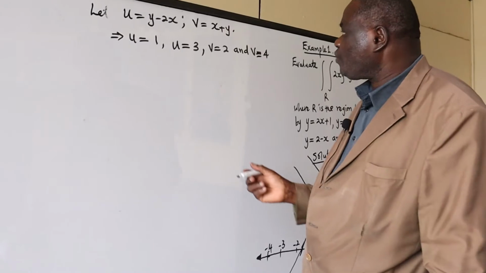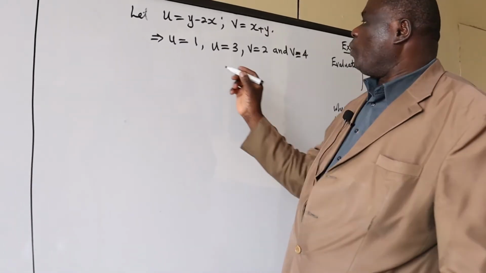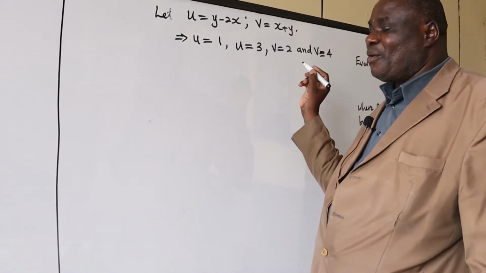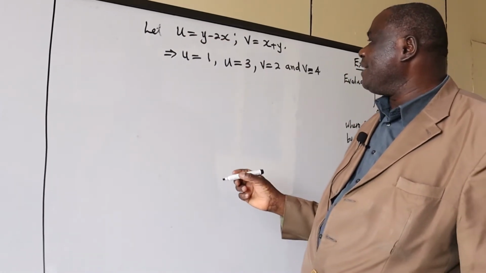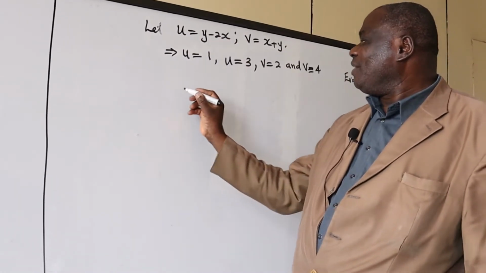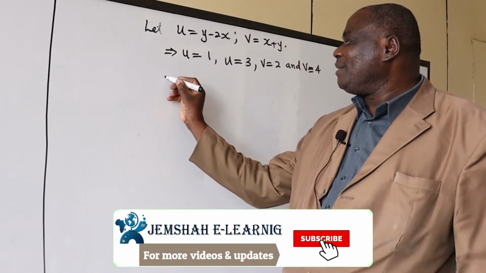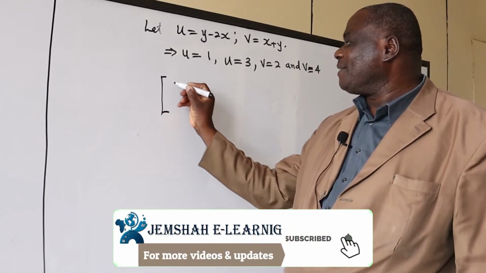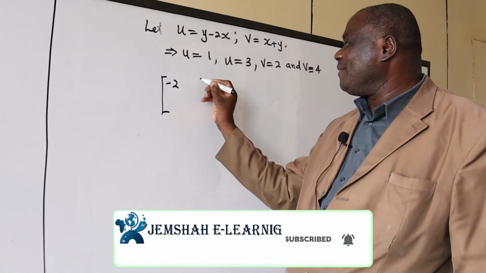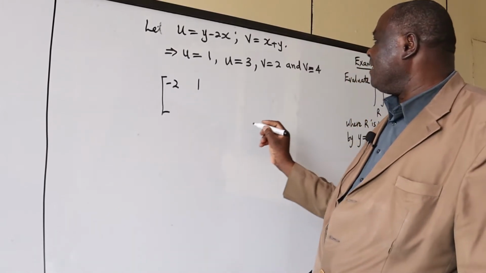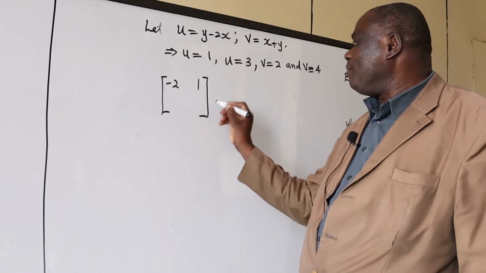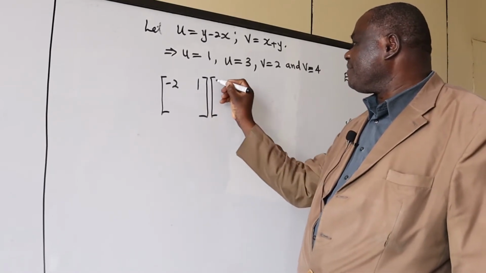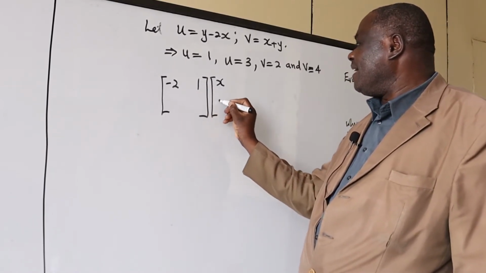Now, we need to go for the Jacobian. From this particular indication, we put it in matrix form. We can say this one is equal to the matrix minus 2, 1, 1, 1, multiplying x and y.